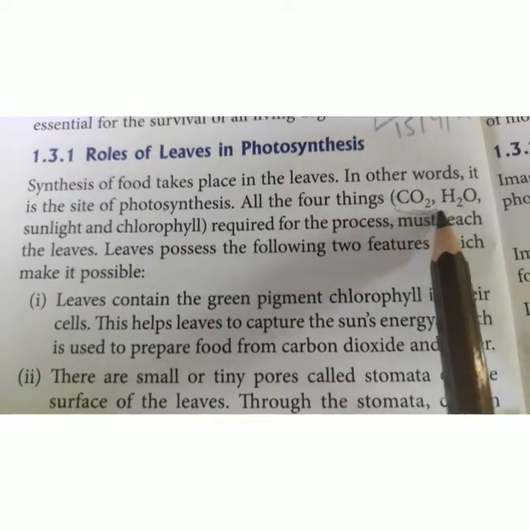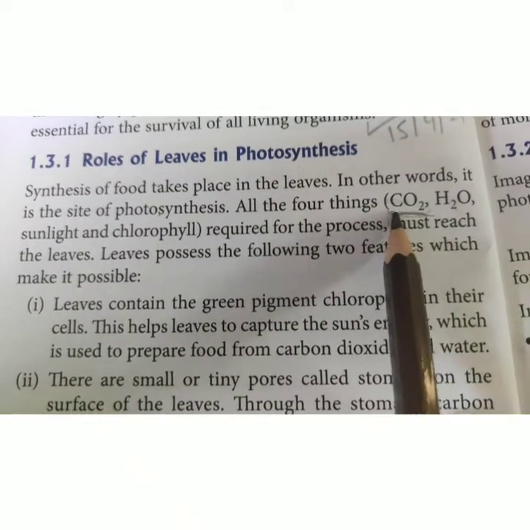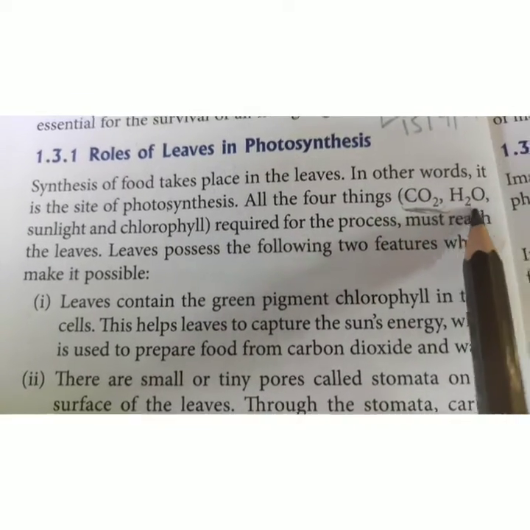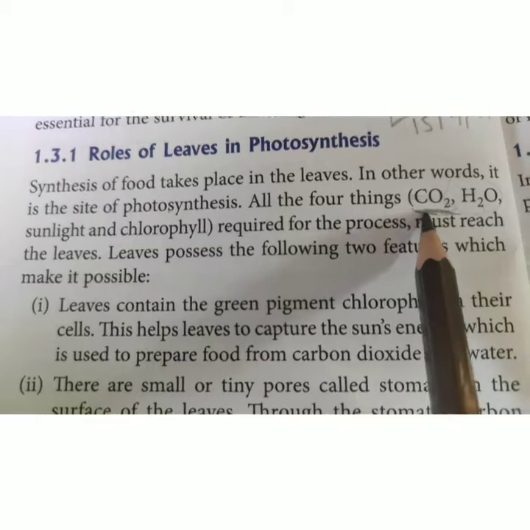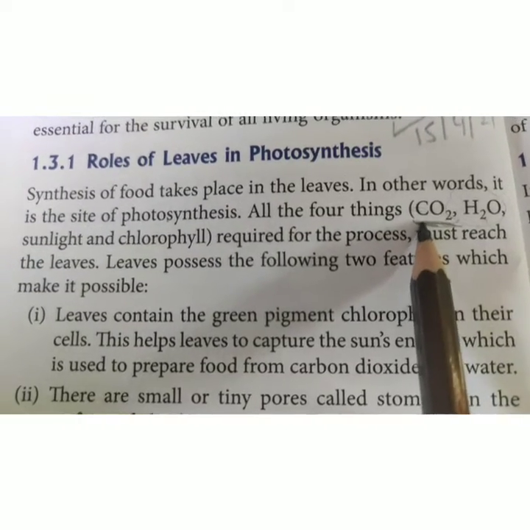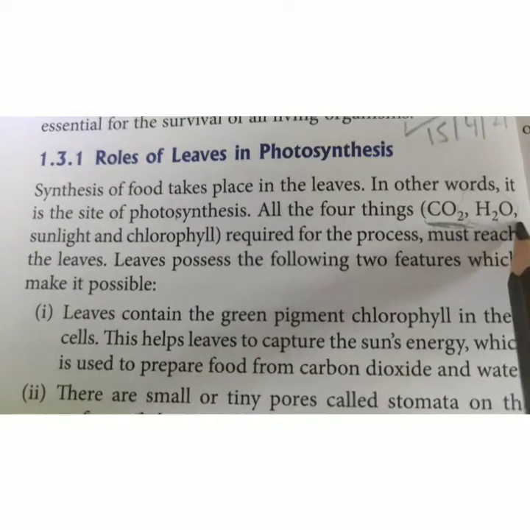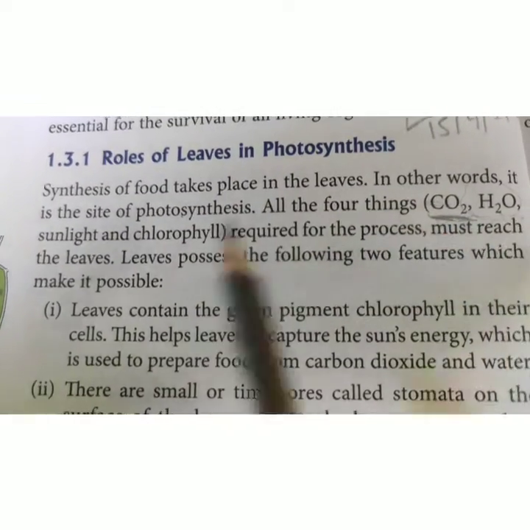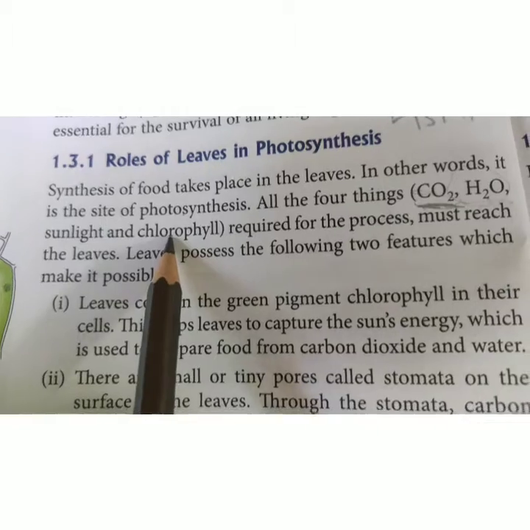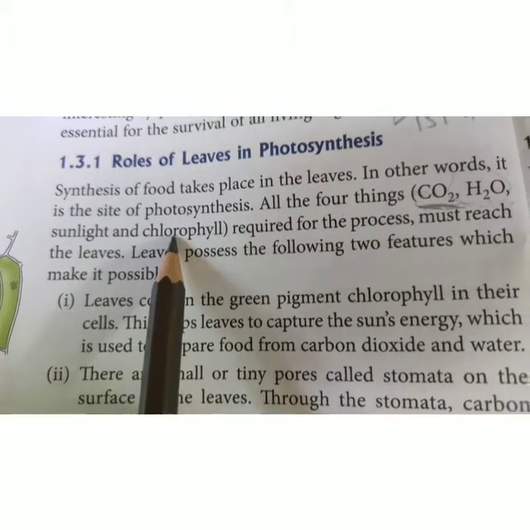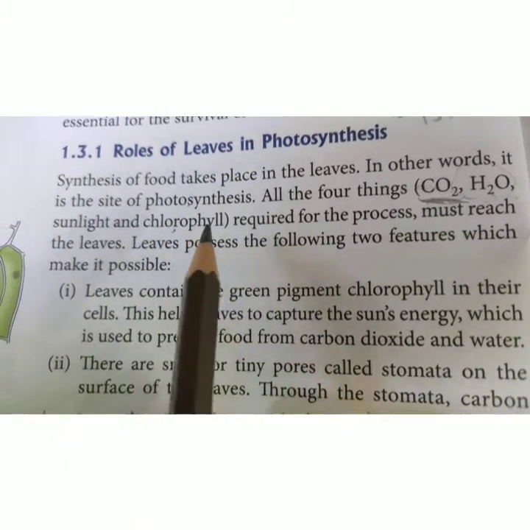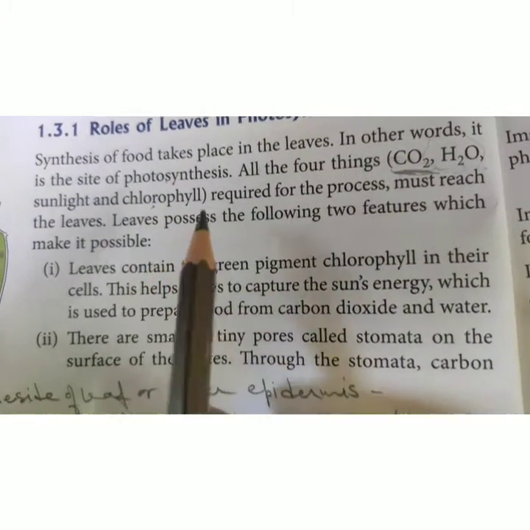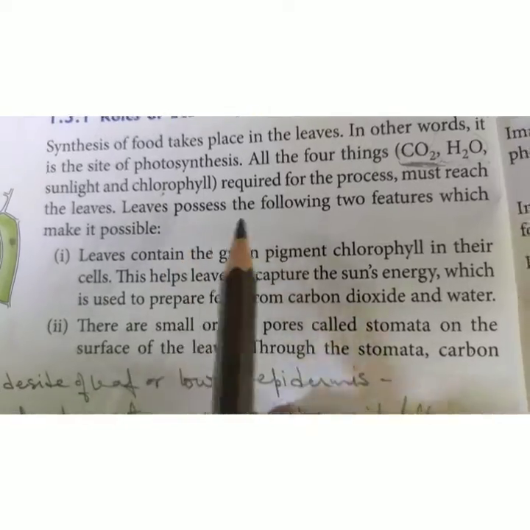This is not a formula, it's a symbol: instead of carbon dioxide we can write CO2, and instead of water we can write H2O. So carbon dioxide, water, sunlight and chlorophyll. These four things are required for photosynthesis. In the absence of any one of them, photosynthesis won't be carried out.